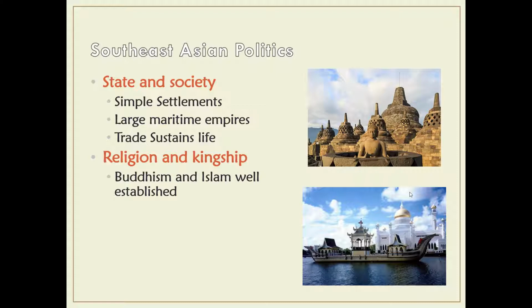Many of the islands still practiced Hinduism, even though it was a religion that was on the decline in the islands, and actually, as it declined in the islands, it grew in India and in the mainland. But you had Buddhism, Islam, and Hinduism as these established religions.